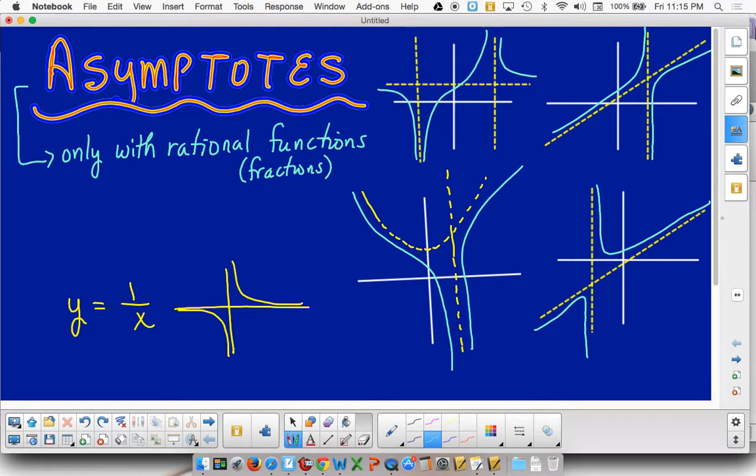Sometimes, though, it could stay on the inside of these as well. So you never know what way it's going to follow until you plot a few points. But it tends to follow one asymptote for a while and then switch over to the other one. All of these are created with rational functions. So our question is going to be, how do we locate where the asymptotes are? That's what we're all about.